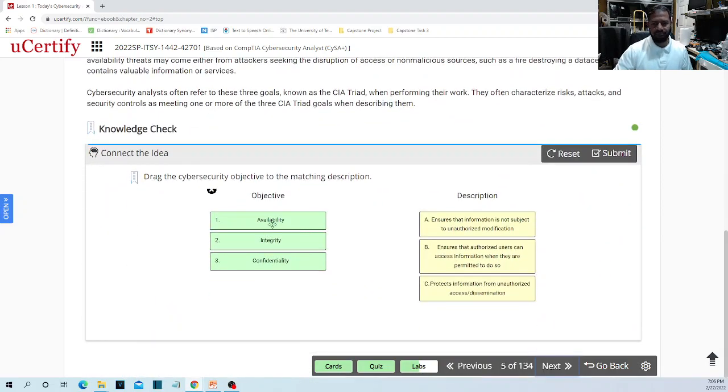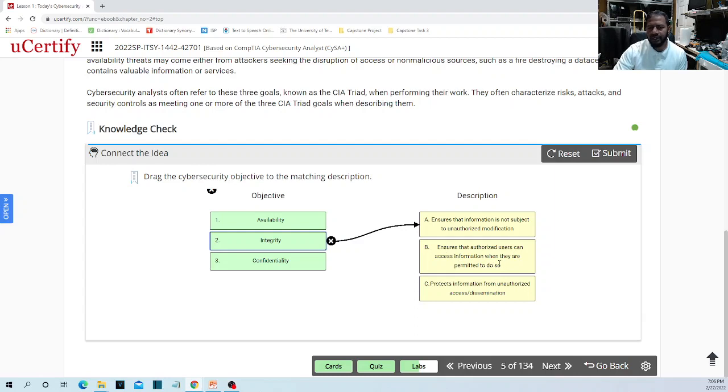And you have this little exercise in here. Let's just do one. A says ensures that information is not subject to unauthorized modification. That will be integrity. Integrity meaning it is not being modified by unauthorized people. Now let's see. Number B, ensures that authorized users can access information when they are permitted to do so.